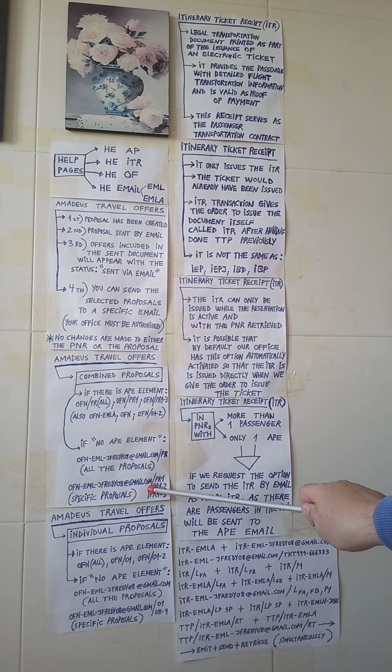If we write PR1, 2, we send offers number 1 and number 2 from the available list. And if we write PR1-3, we send offers number 1, number 2, and number 3 from the available list.